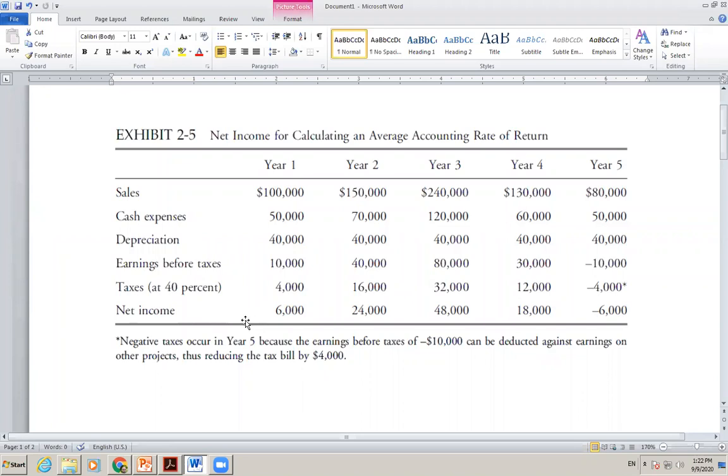So the average book value is given as 100,000, okay, and how is it given? Because you purchased an equipment, and the cost of that equipment is 200,000. And its depreciation is straight line to zero, okay?